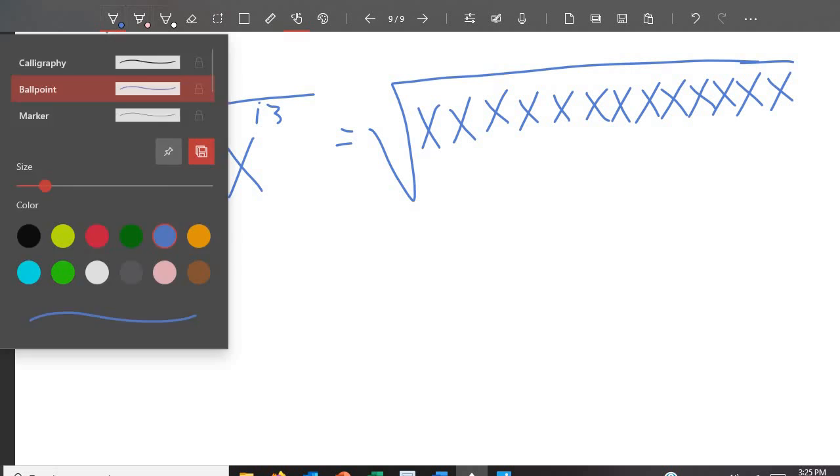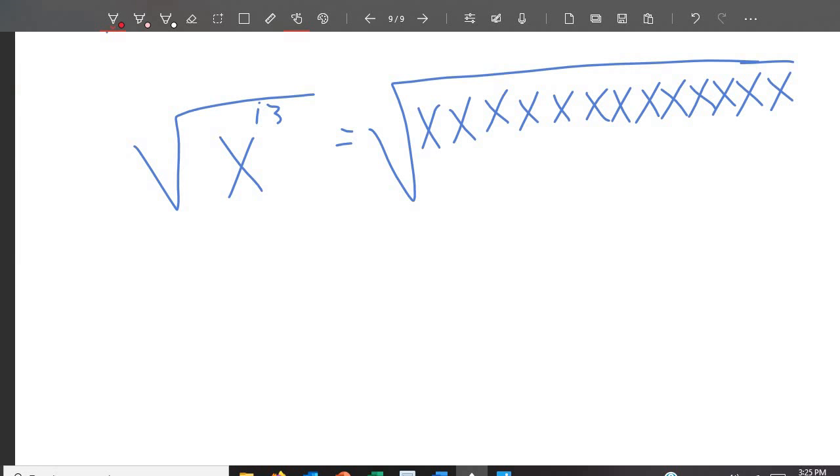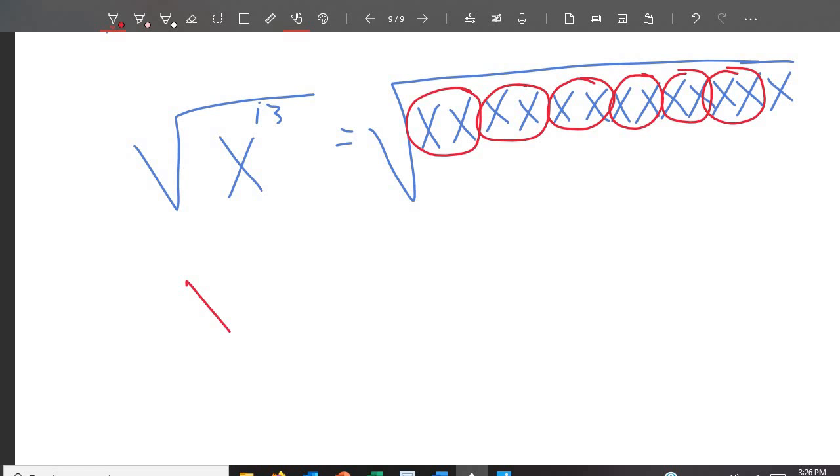Since this is a square root, you can circle pairs of x's. Now, how many pairs of x's did I circle? Well, that is 6. So you would have 6 on the outside as your exponent. There's one x I didn't circle, so it's got to stay underneath.